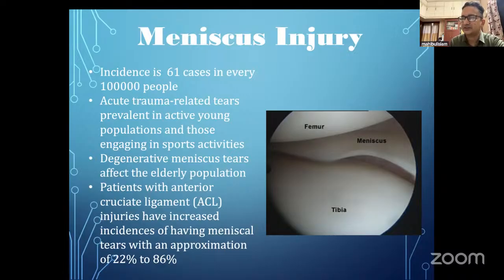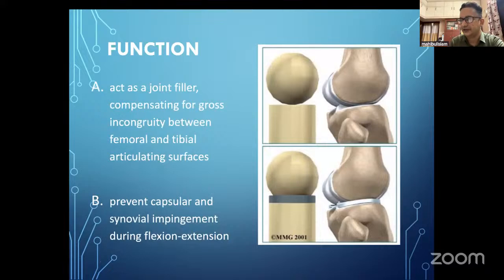The meniscus functions as a joint filler, bridging the incongruity between the femoral and tibial surfaces to ensure smooth joint stability. It also plays a protective role by preventing capsular and synovial impingement during flexion and extension, thereby facilitating smooth knee function and reducing the risk of mechanical irritation or injury.